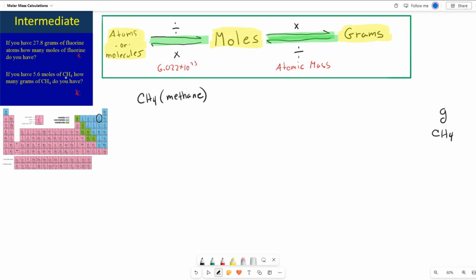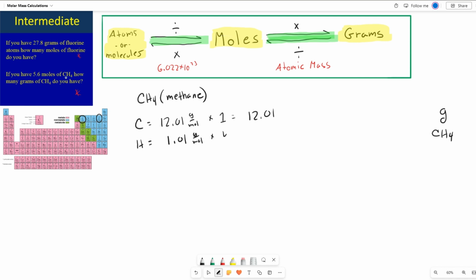And in methane, we have a carbon atom. And carbon, if you look on the periodic table, weighs 12.01 grams per mole. And in this molecule, there's only 1 carbon, so we'll multiply that by 1. So carbon will contribute 12.01 to the overall molecular mass of methane. Then we also have hydrogens, and each hydrogen weighs 1.01 grams per mole.